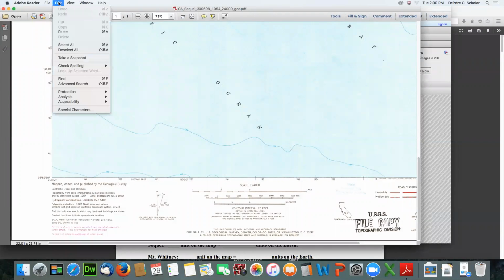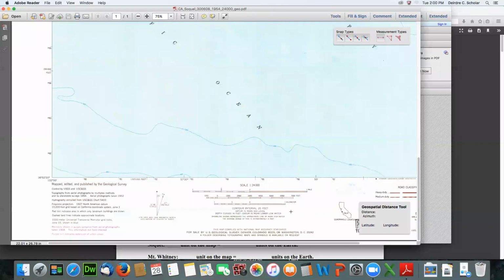Now let's take a look at the SoCal map and do the same thing. We're going to come up to the Edit box, come down to Analysis, select the measuring tool, and looking at the graphic scale, we're going to start at 0 and this time let's go to the left and go out to 1 mile.